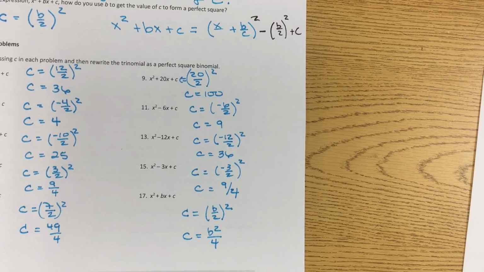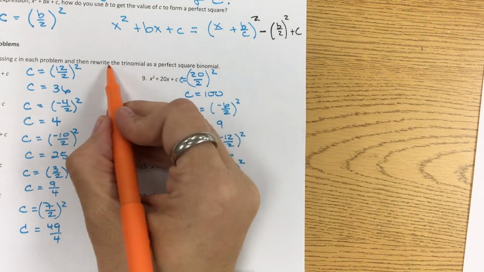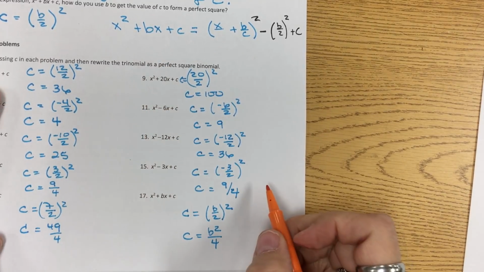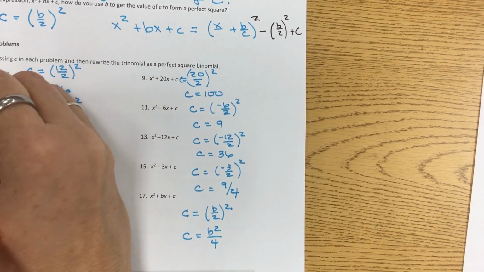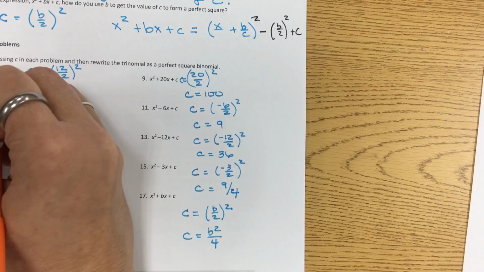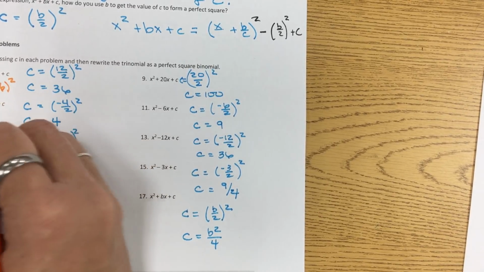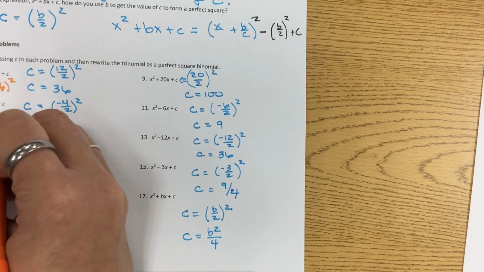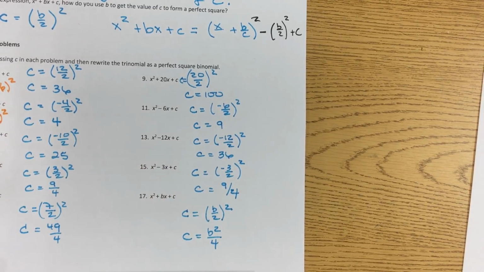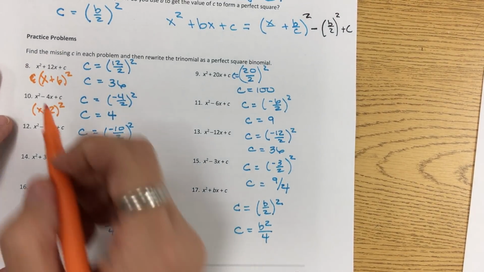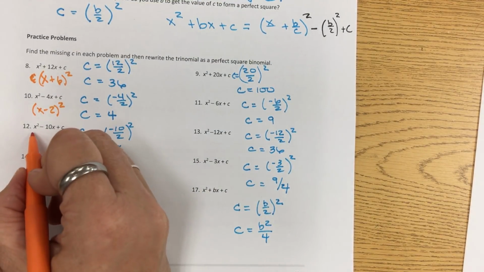Now, if you notice, Ms. Grimbois forgot to do the second half. So we're going to do that right now. We're going to take X plus 6 squared. X minus 2 squared. How am I getting that number? I'm dividing the b value in half.